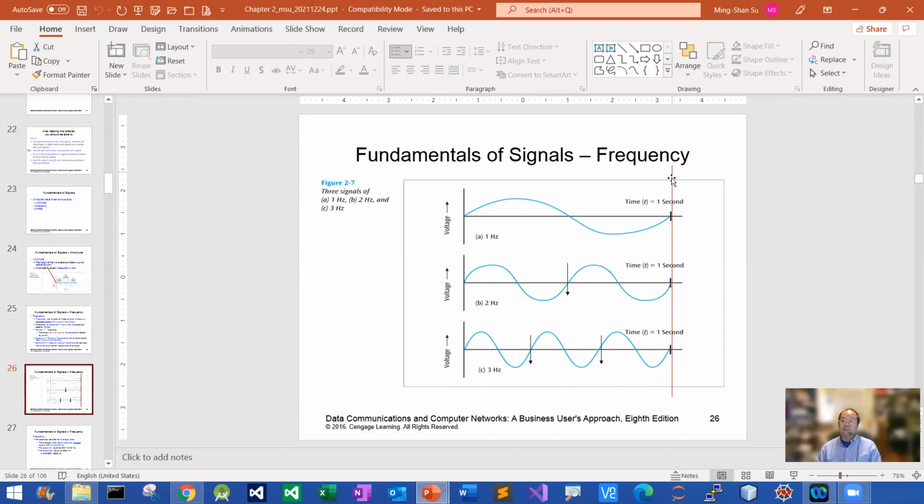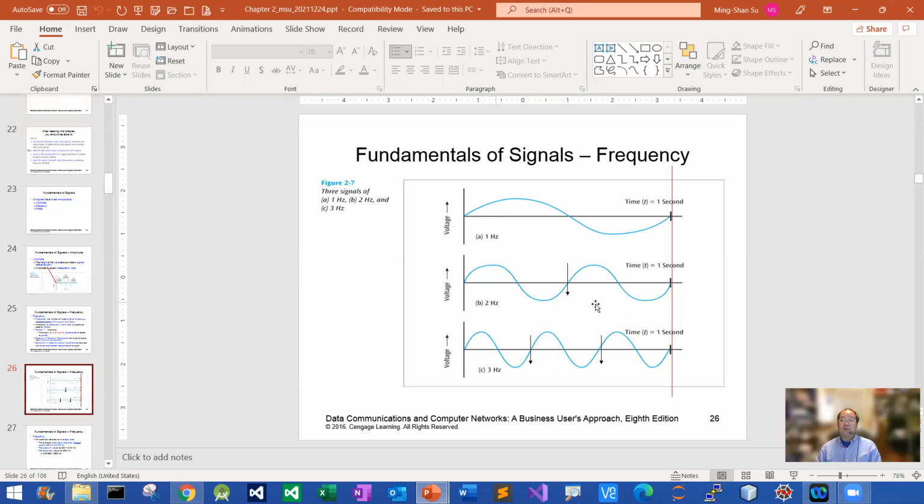Assume that we want to use 1 second as the time unit. In figure A, based on the sine wave, it completes 1 cycle here, so we call this 1 hertz.